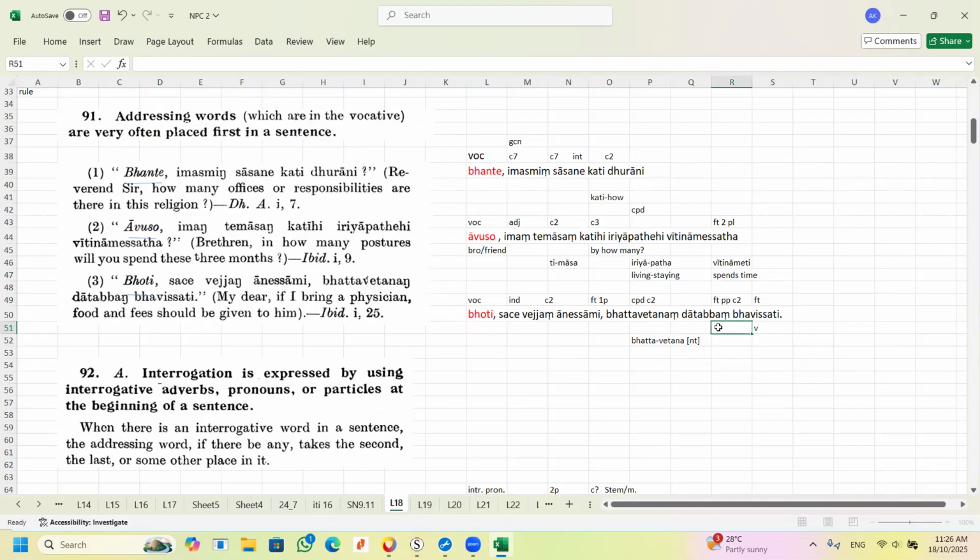Verb, object. And then if you read this way, that means this can be a double accusative, and the same verb. You have to remember this: verb, object, and then followed by the rest. It's always like that, and then your vocative.